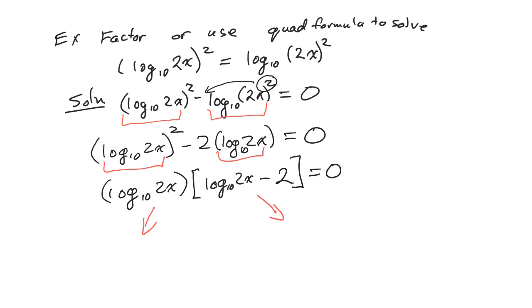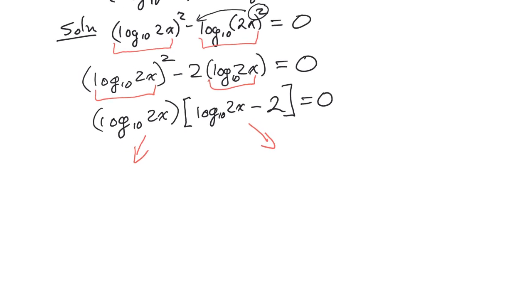Okay, so let's explore that. We've got log base 10 of 2x is equal to 0. Is that even possible? Yes, it is, because it's saying that 10 to the exponent 0 is equal to 2x. So 10 to the 0 is 1, 2x is equal to 1, so x is equal to 1/2.